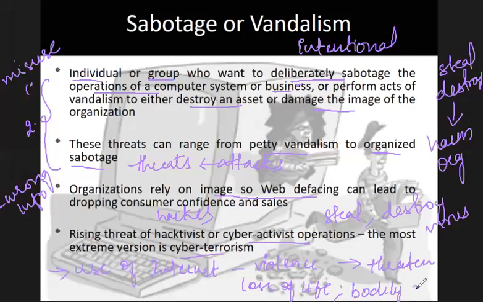There was a particular game that went viral. I guess the name was Blue Whale, where people were forced to do some specific tasks. So that is also a type of cyber terrorism. Now, this can also be done to achieve a particular image or to destroy a particular person's image also.